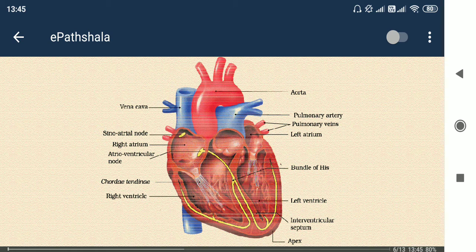So deoxygenated blood is coming through to the right atrium.